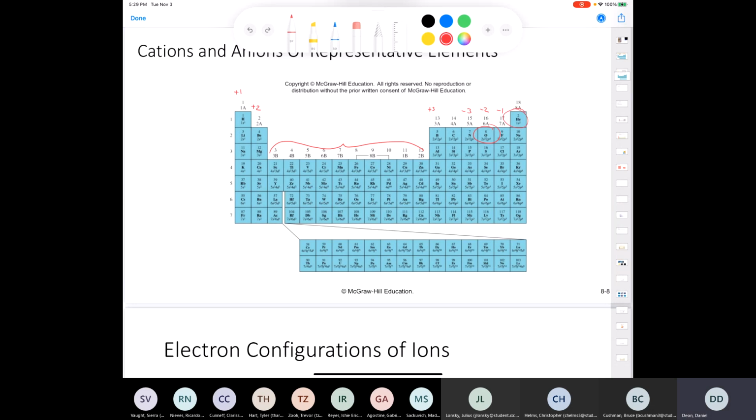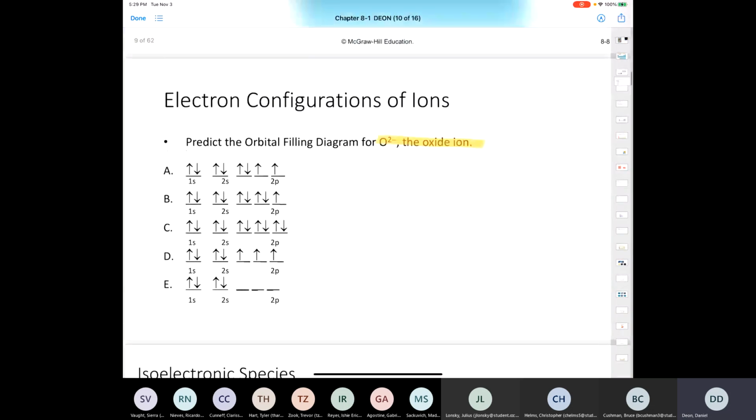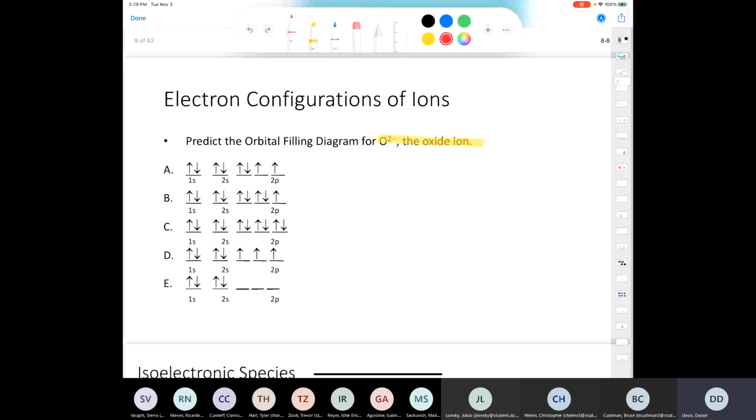It's not helium, because in order for it to be isoelectronic with helium, it would have to lose 1, 2, 3, 4, 5, 6 electrons. That's a lot of electrons. If it simply gained 1, 2 electrons, then it's going to be isoelectronic with neon. And that's why oxygen almost always forms that 2-. There are exceptions, but we're not worried about those right now.